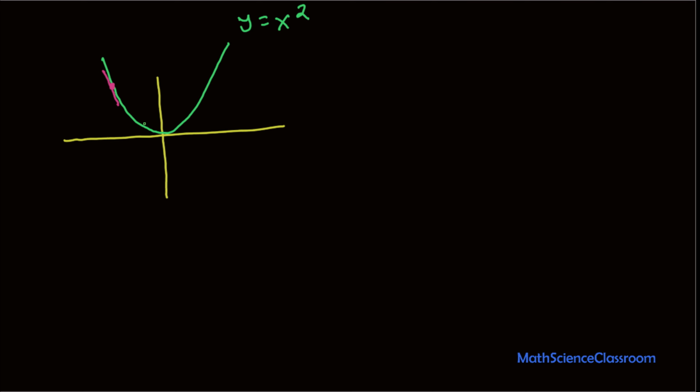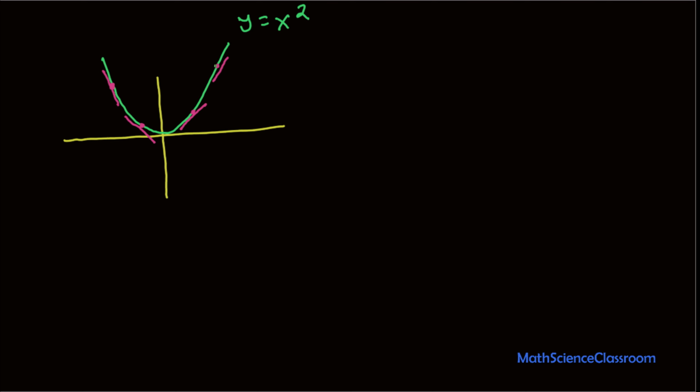How about if I'm looking for the slope at this point? Then I would draw a tangent line that's tangent to it. Those would be negative slopes. How about this point? These are positive. How about the point here, which is very steep? It's extremely positive. So I have a question.